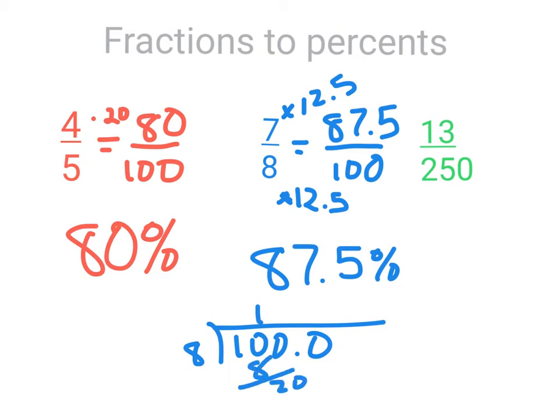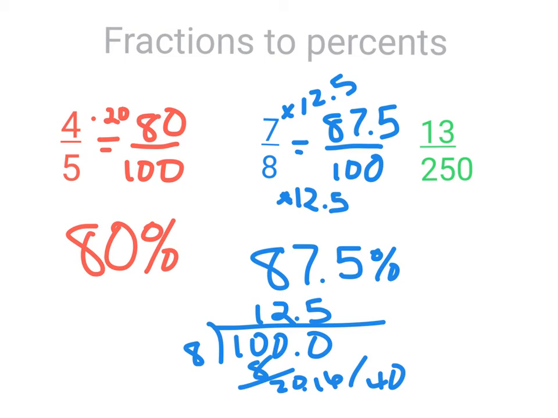Subtract 2, bring down your 0. There's a 2. I got a 16. Sorry, I'm trying to avoid some of my control panel here at the bottom. So 20 minus 16 is 4. Bring down the 0. 0.5. Okay, and you can do that long division however you want to do it. If you have your own method, that's fine. You don't have to use the method I used, but that's how you would get your multiplier number.